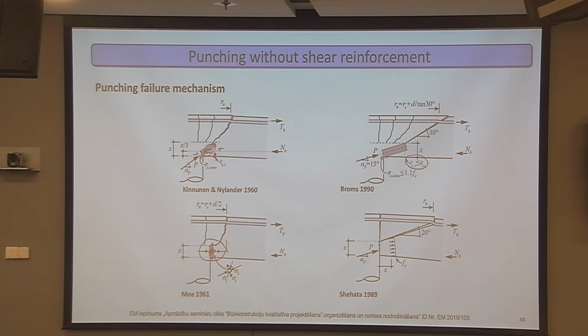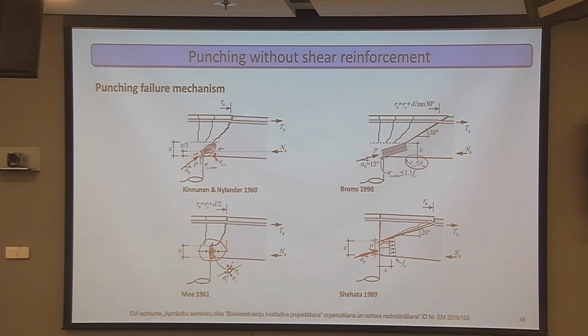And then, for example, Shehata's model, he assumed that the angle is even lower than that, and calculated that the failure should happen when the plastic strength of concrete in compression is reached in this part. But for that to work, he had to assume that the angle is very, very low.